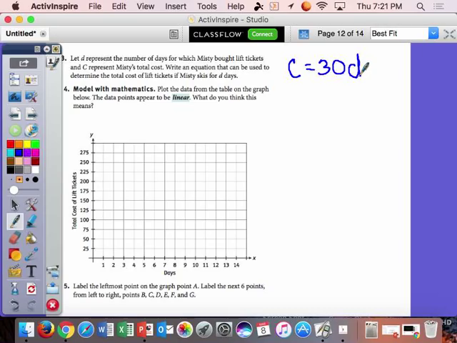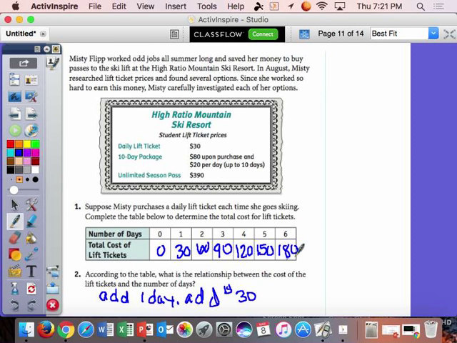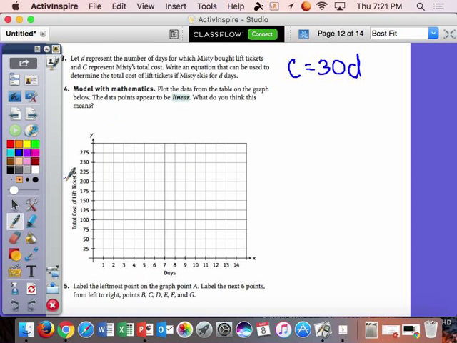Now, what I want you to do is take a second and use your table. It should be on the previous page. So we're on page 7, and I want you to look back at page 5 and put that table into this chart.